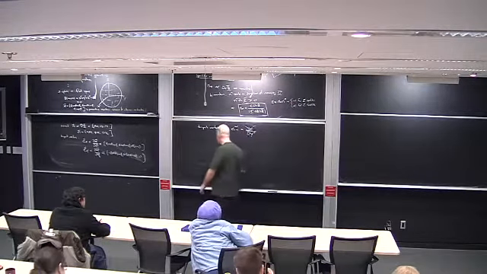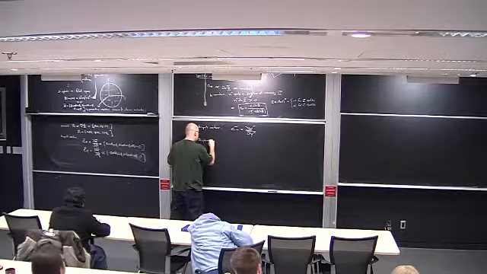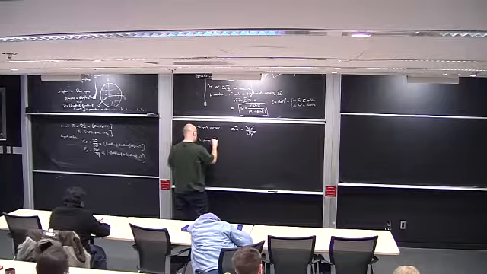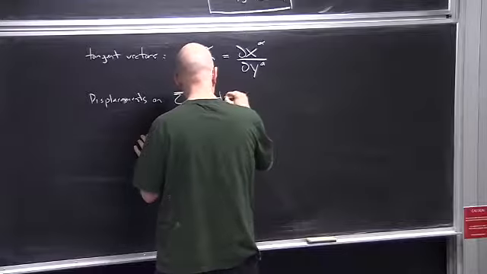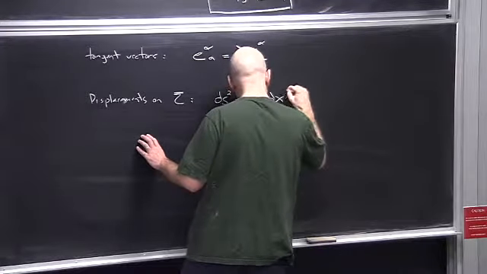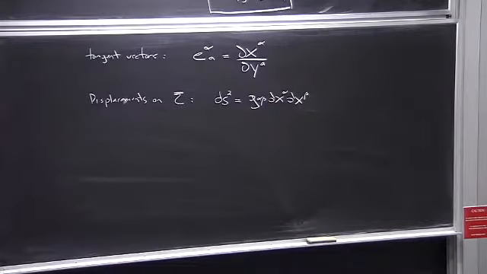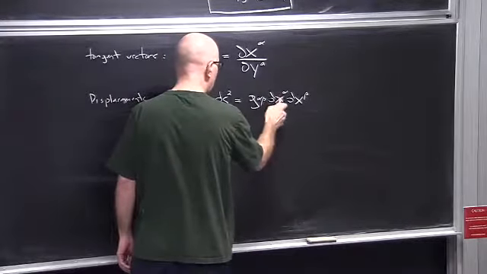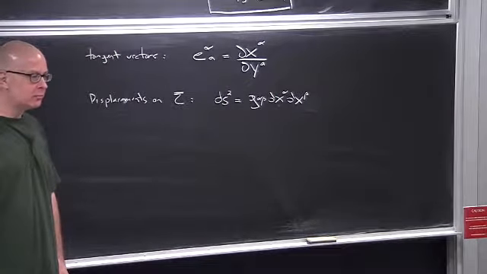So if we consider displacements on sigma, I start from the general expression where my displacements are not constrained. And then I say, okay, but I will pick displacements that are confined to the hypersurface, which means that those are going to be related to displacements in the y-a directions.